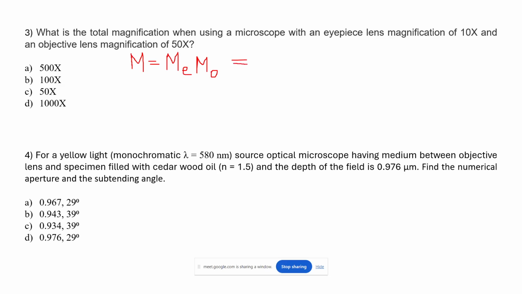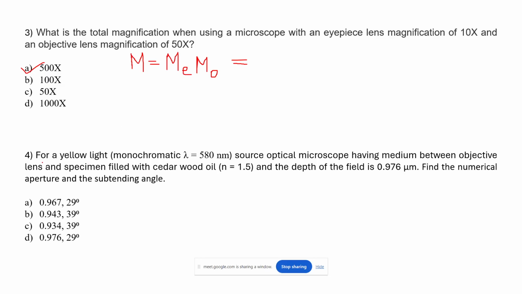It's basically the product of these two things. The objective lens has a magnification of 50x and the eyepiece has a magnification of 10x. So it will basically be the product of 50x and 10x, that will give you 500x. So that means option A is the correct answer in this case.